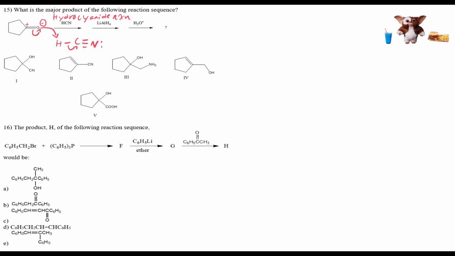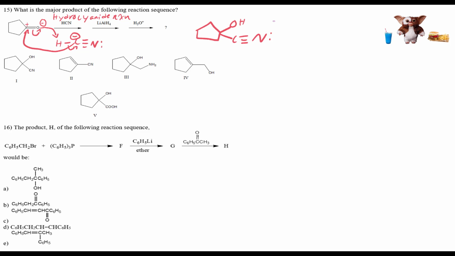Now this carbon is negative because it lost a hydrogen, so it's going to attack this carbon right here. So now we have a cyclopentane with an alcohol and a cyanide on it.